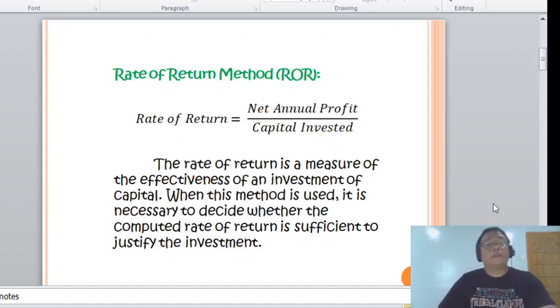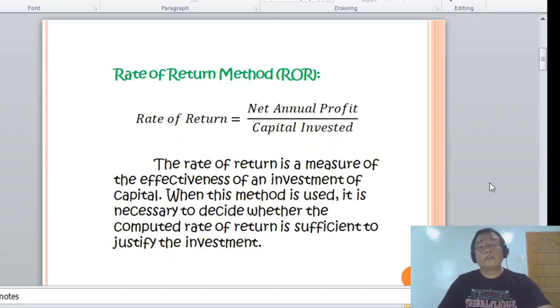The first method is the rate of return method, or the so-called ROR. Basically, rate of return is equal to the net annual profit divided by the capital invested. Very easy. The rate of return is a measure of the effectiveness of an investment of capital. When this method is used, it is necessary to decide whether the computed rate of return is sufficient to justify the investment.